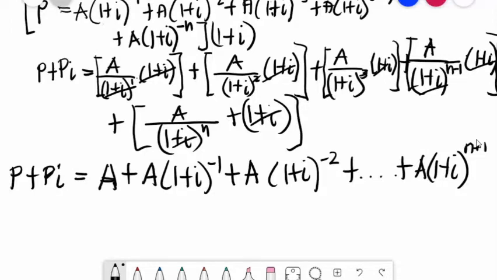And then, subtracting the first equation from the second.